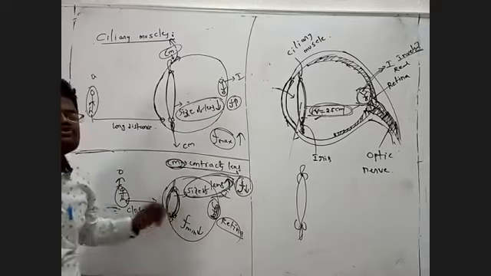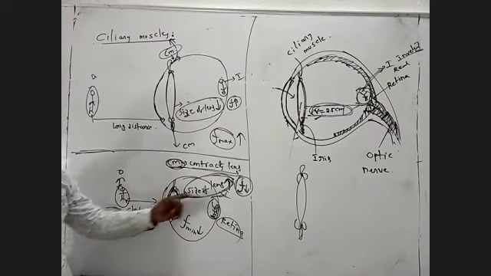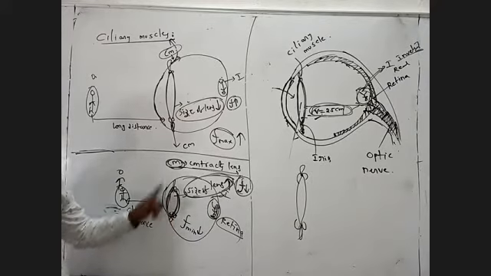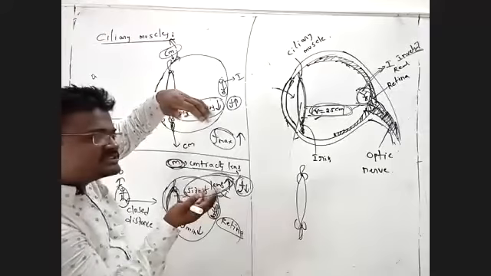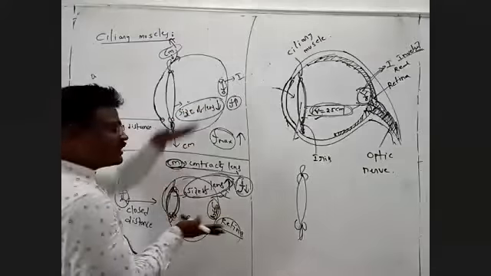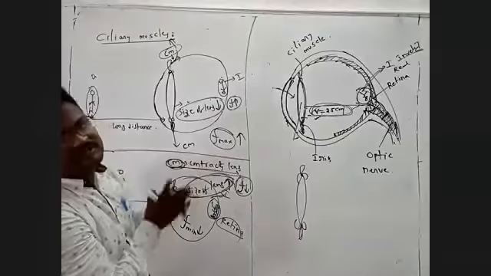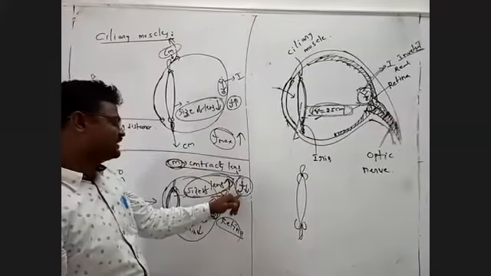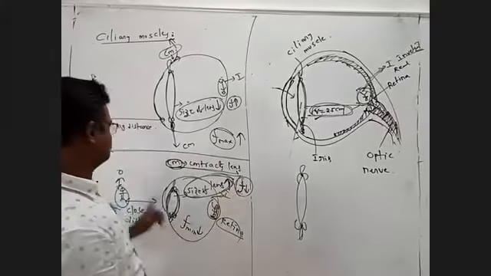Next, I am seeing a near object. The image is formed by the lens on the retina. But the ciliary muscles compress the convex lens. The size of the lens increases and the focal length decreases.